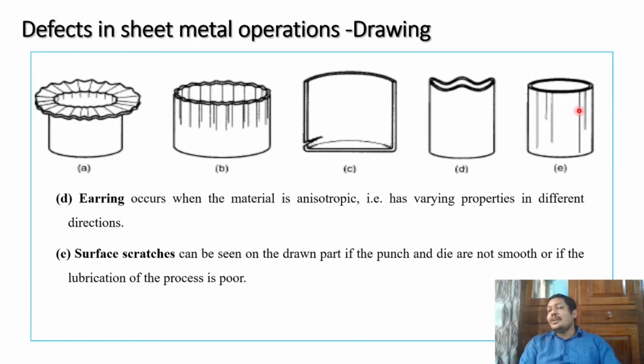So initially I told you the formability of sheet will depend on the properties of the sheet. We have discussed that. Then we have seen the issues with the lubricants.